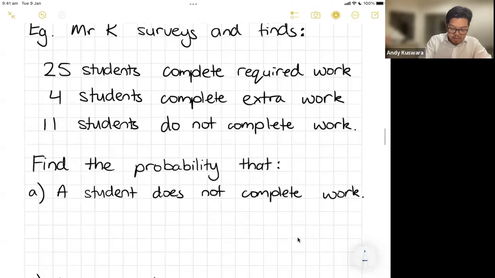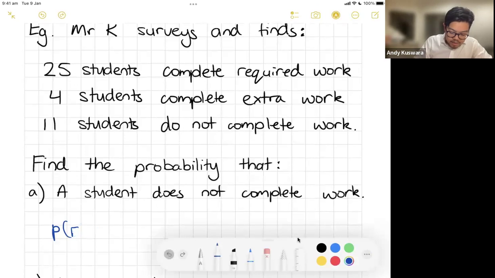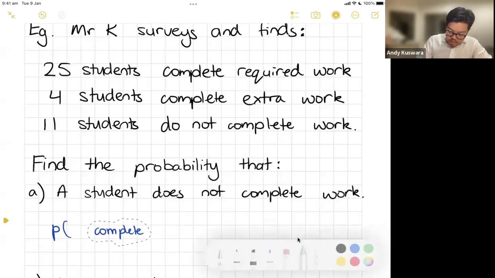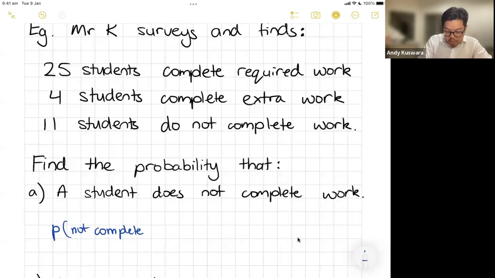Well, normally we write P of E, or P of an event. I'll start writing it in the formal notation: P bracket not complete work. So that's the probability of someone not completing. Now, how many students do not complete the work?